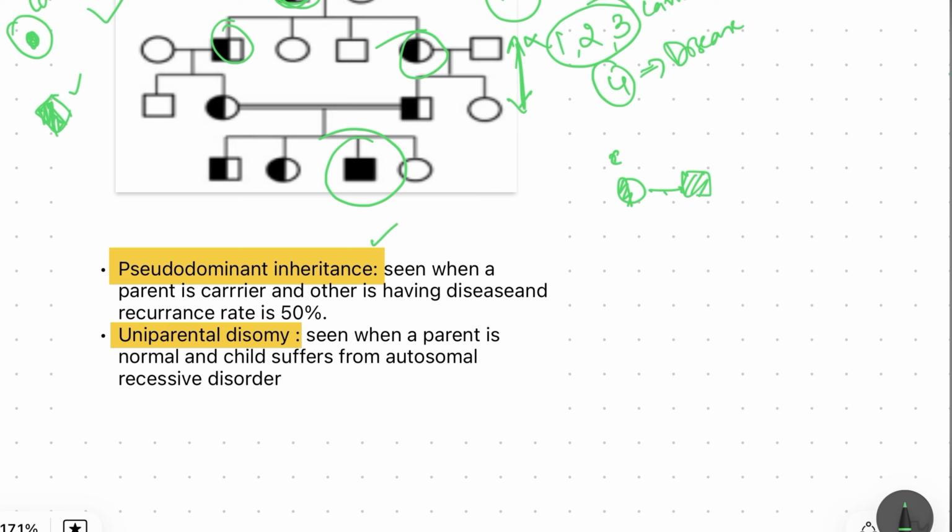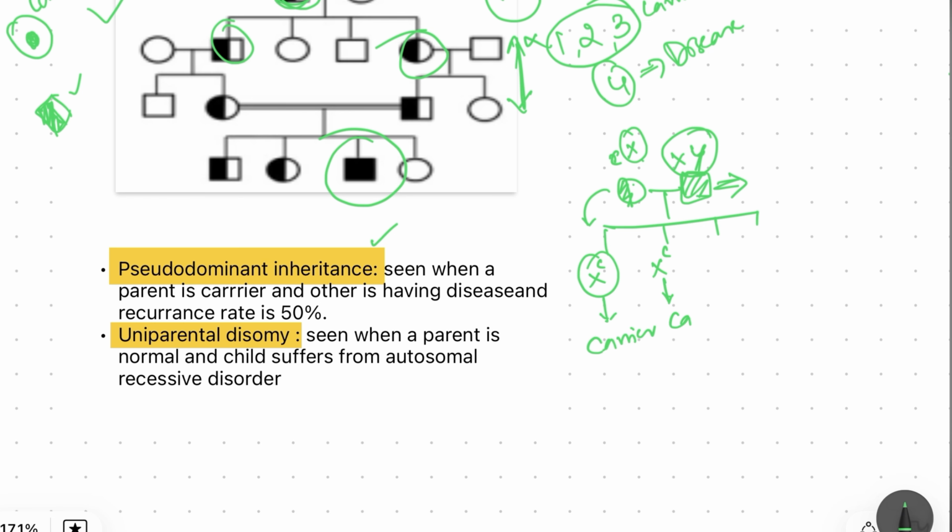There are two extra points I wanted to discuss here. Pseudo-dominant inheritance is seen when one parent is a carrier like this, and the other one is affected, and the recurrence rate will obviously be 50%. Let's take an example. The female is a carrier and marries an affected person. The chromosomes the father gives, those children will be affected, because this is a completely affected person, and one chromosome will be spared here.